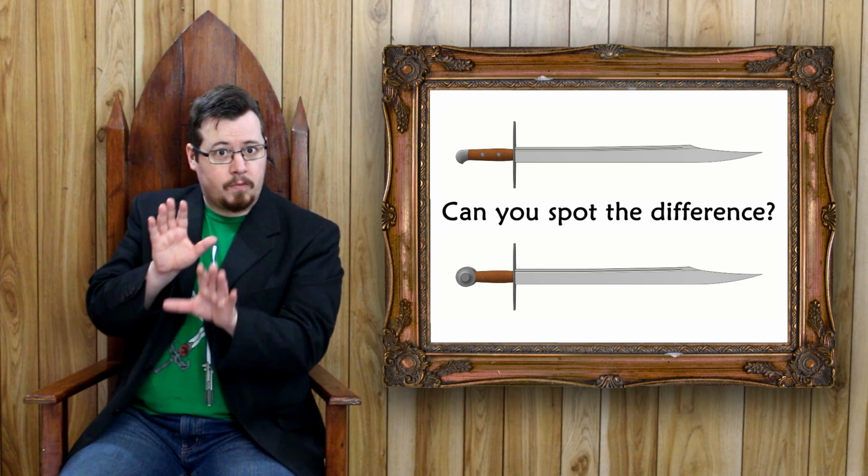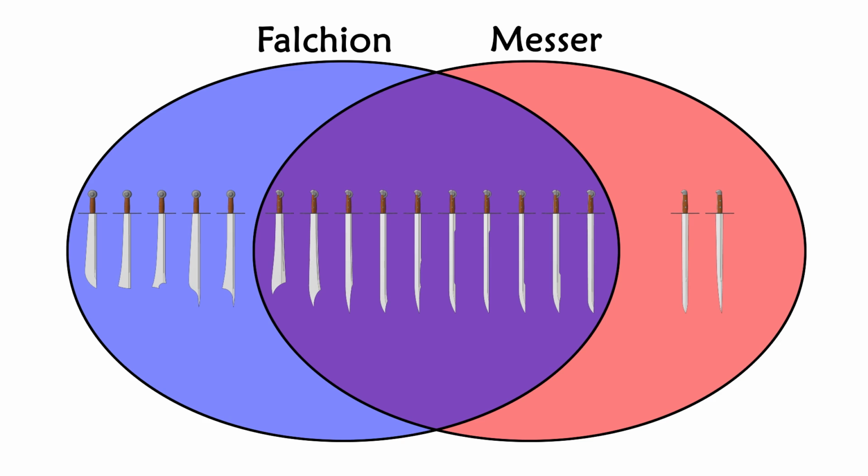But it's only like a few. If we compare them in a rough visual representation of the overlap between falchion and messer blade profiles, we will see something like this, okay? Most of the blade profiles are completely identical, and you will find them both on falchions and messers, and again, only a couple in each category would not be as commonly found on falchions or messers respectively.